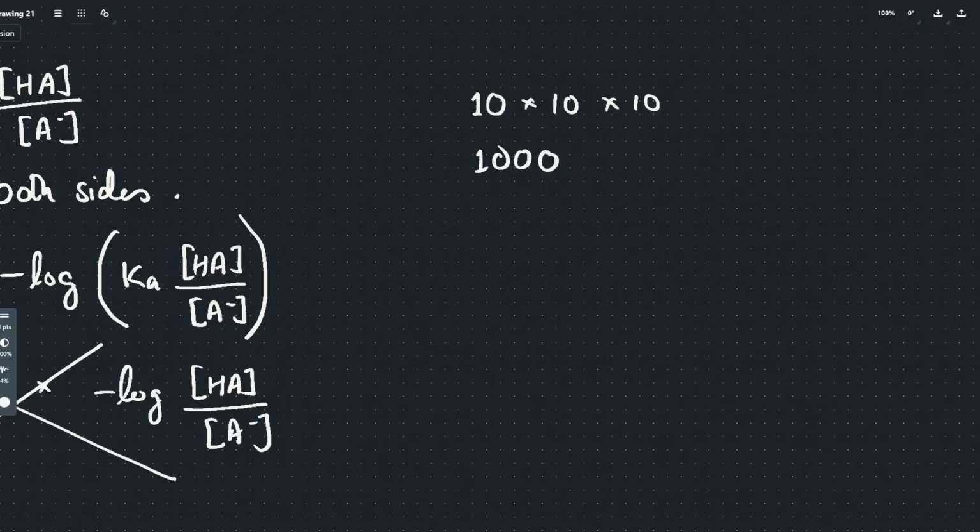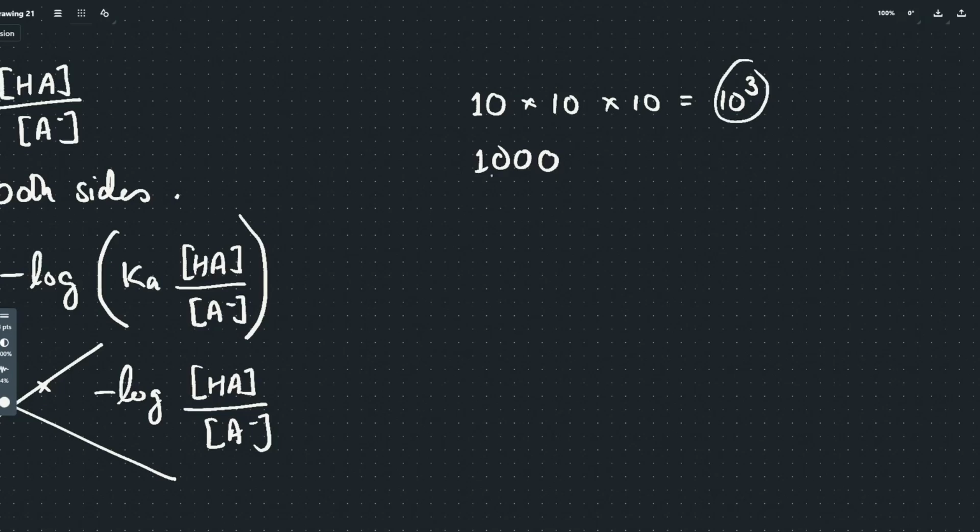Now we can also write it like this, that this is 10 raised to power 3. So 10 multiplied by 10 multiplied by 10 is mathematically equal to 10 raised to power 3. By definition, 10 raised to power 3 means 10 multiplied by itself 3 times.